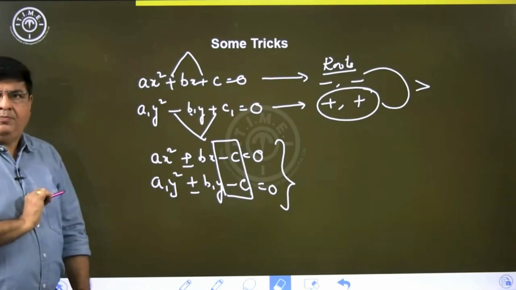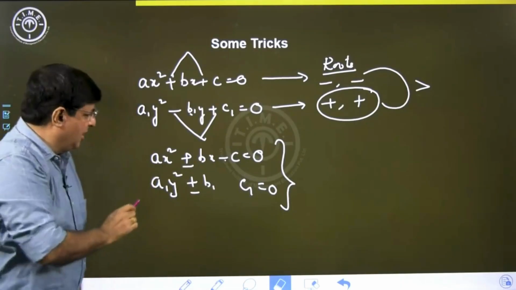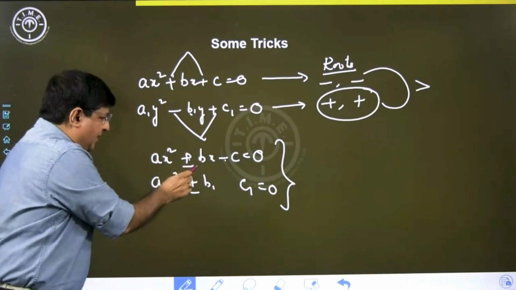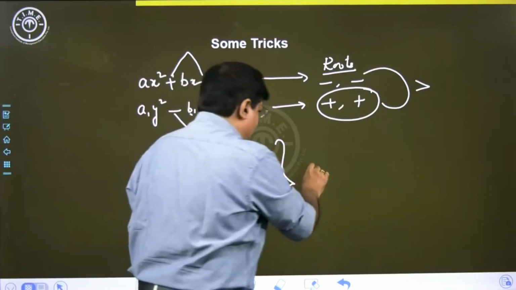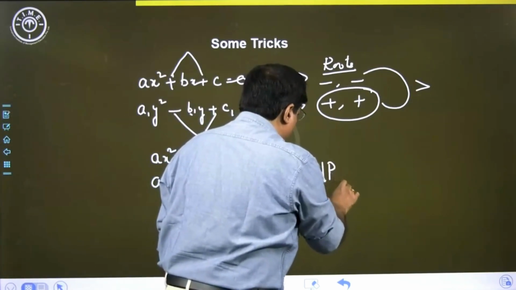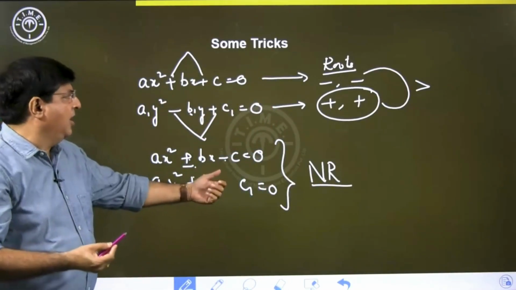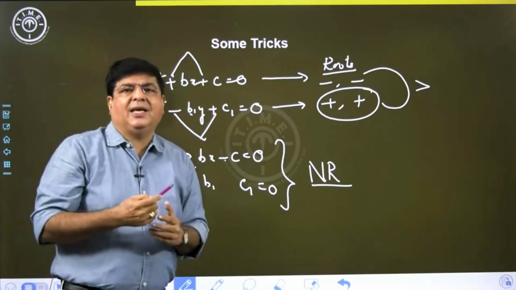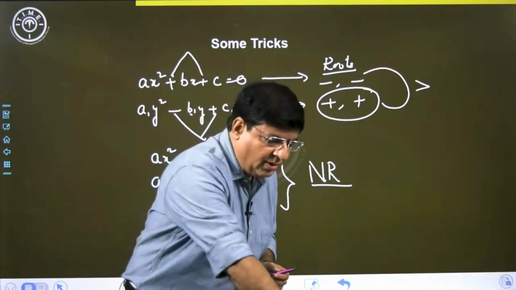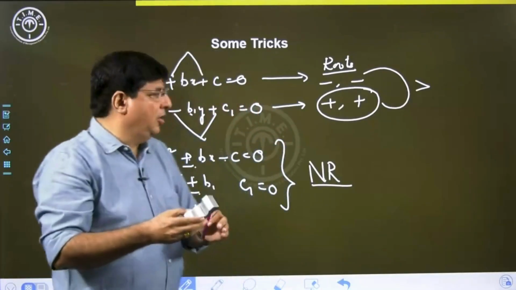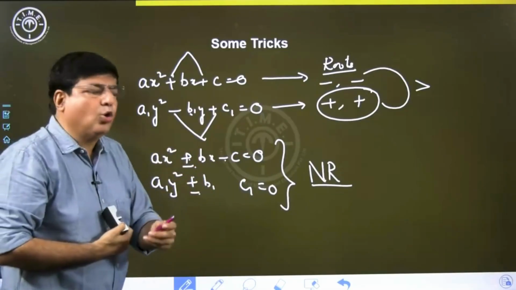If the sign of the constant is minus in both equations, whether you have plus or minus for the x term, you can straight away put the answer as NR, no relation, or cannot be determined. Is it clear? So these are two special cases where you can directly put down the answers without even finding the roots and going through the sign rule process.